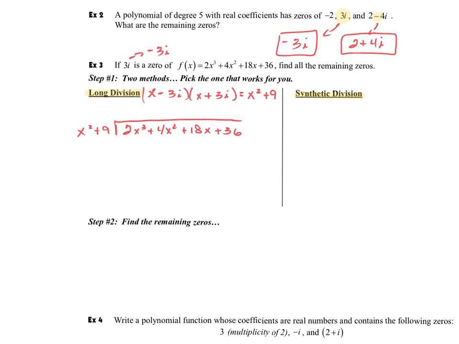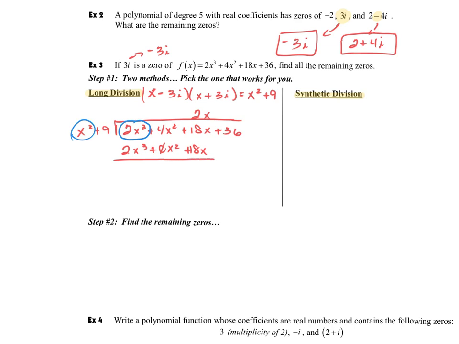So what I'm going to do is I'm going to just start my long division. My 2x cubed divided by my x squared is going to give me a 2x. Multiplying that out, I get my 2x cubed plus my 18x. I'm going to line this up, and I'm going to fill in a 0x squared here.